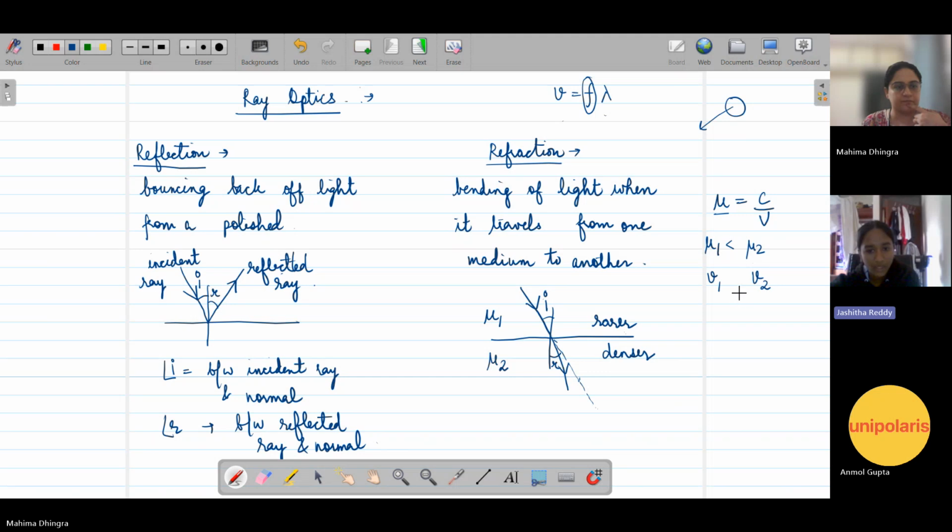Medium 1. Correct. In medium 1, speed will be more. So that means when it goes from rarer to denser, it is getting slower. Earlier it was moving at v1, now it is moving at v2. Its velocity has decreased now, so it will try to decrease the distance.